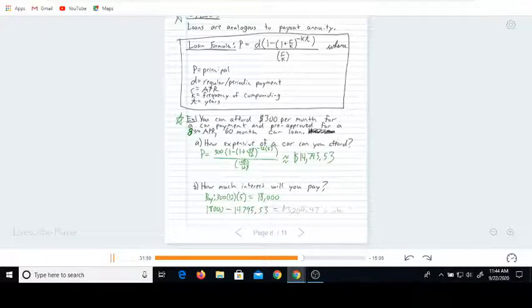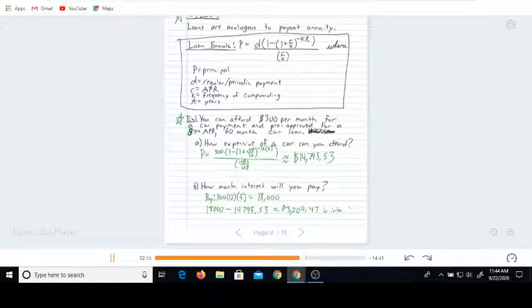So that means you're going to be paying $3,204.47 in interest. So you're going to be paying about $3,200 in interest for this car.